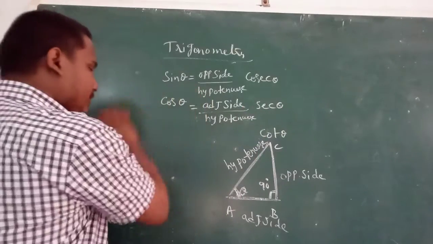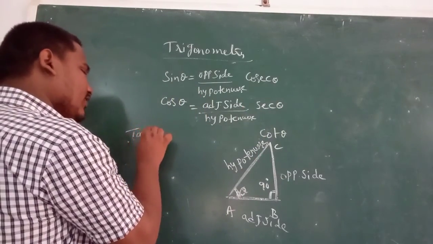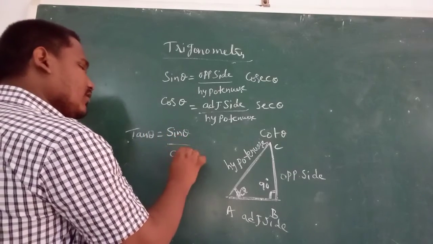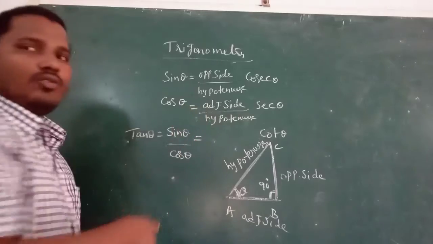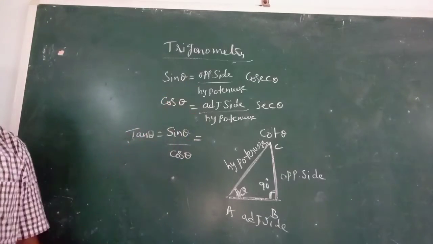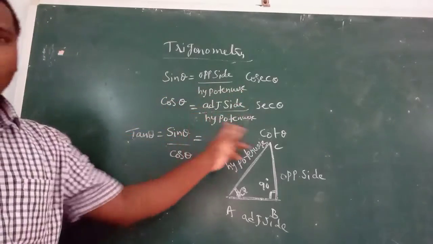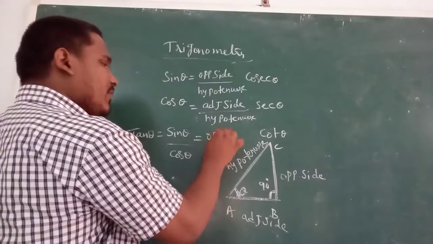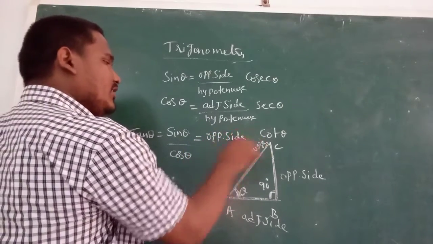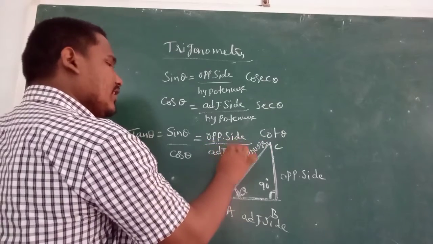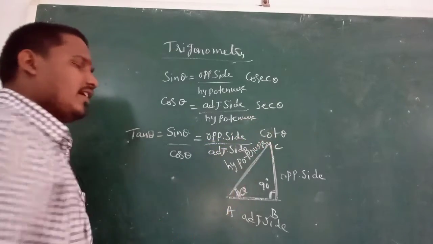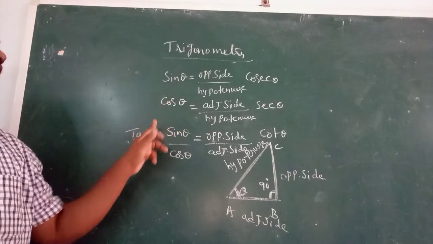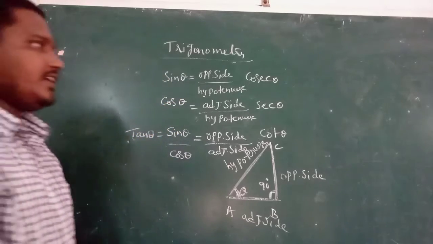Tan theta is equal to sin theta by cos theta. Dividing sin theta by cos theta, the hypotenuse gets cancelled, and we get opposite side by adjacent side. This is the sin theta, cos theta and tan theta formula.